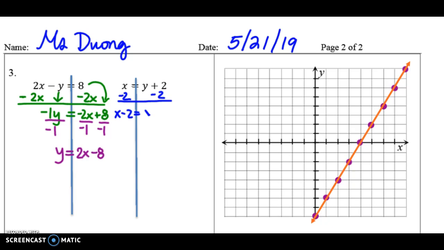We're not used to seeing the y on the right-hand side, so instead of writing x minus 2 equals y, I can flip-flop the equation and write y equals x minus 2. Minus 2 starts down 2, and a slope of 1 means up 1 and over 1. That's the invisible 1 in front of the x.